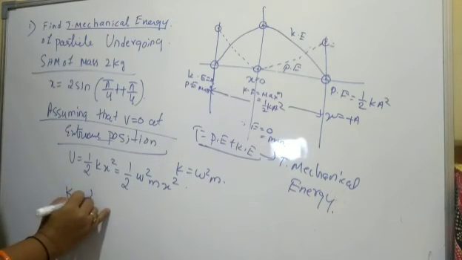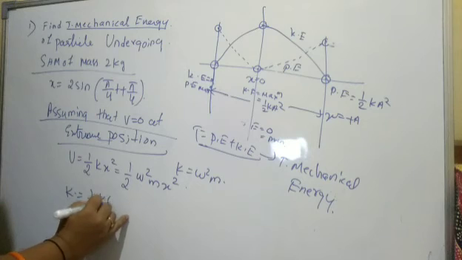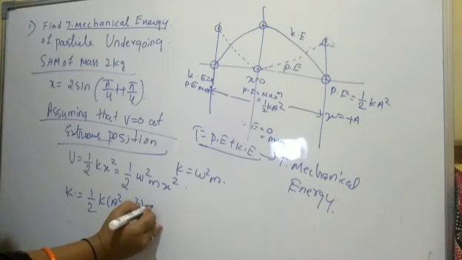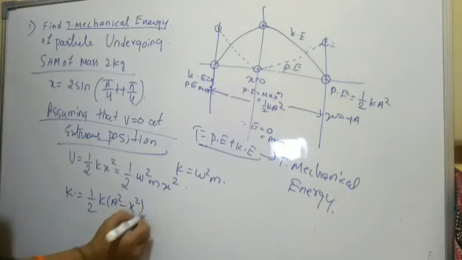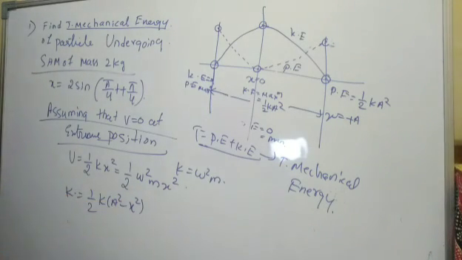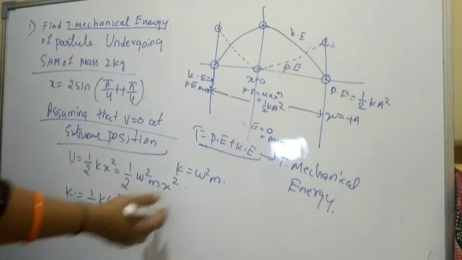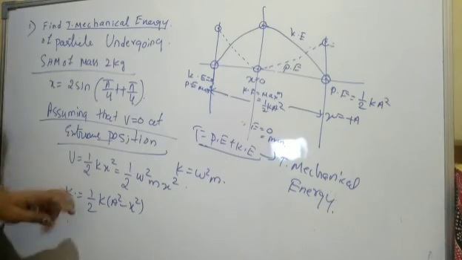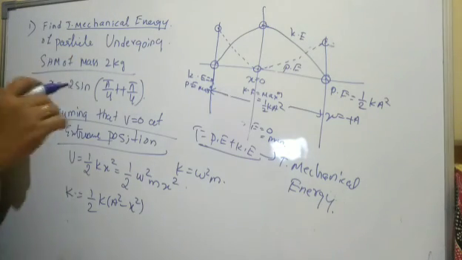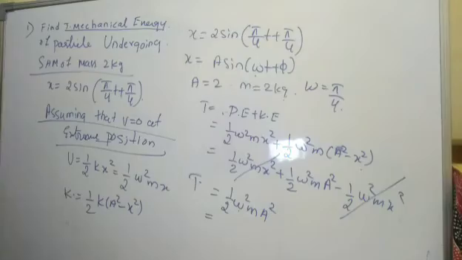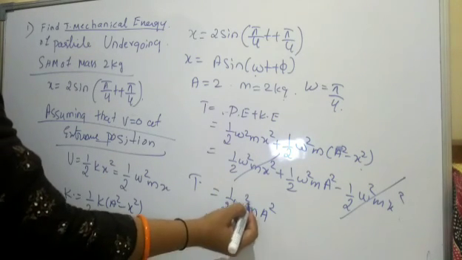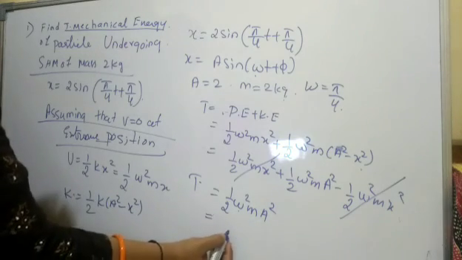Kinetic energy is half k (a square minus x square). The k value you can substitute as omega square m, though it is not needed here because x is already given, so just compare with this. Now total energy will be 1 by 2 omega square m a square.